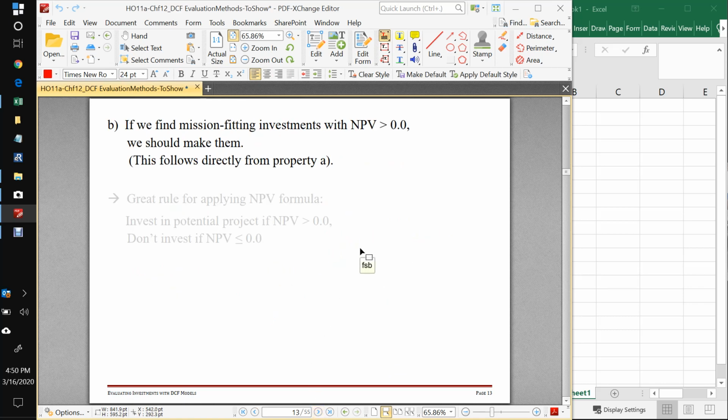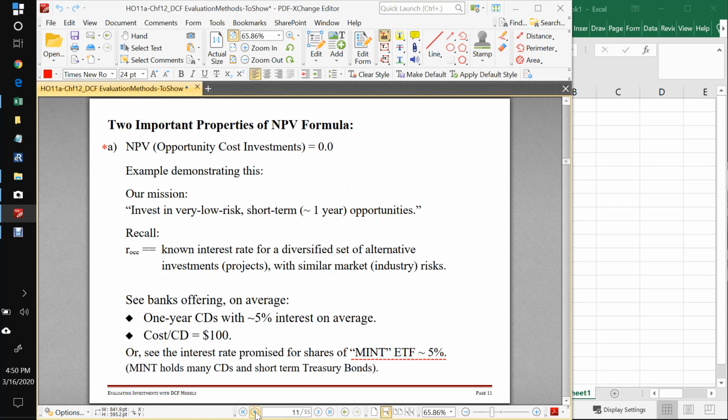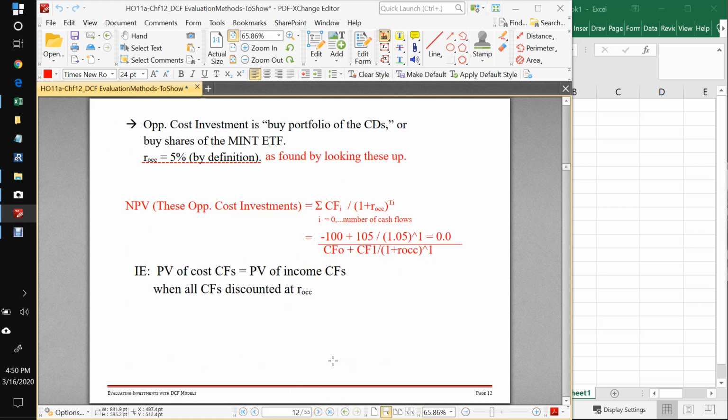Second important property of the NPV method: if we find mission-fitting investments with NPV greater than 0, we should make them. Let me put a star there. And that follows directly from property A. If we put our money into an opportunity cost investment, we're going to do as well as our opportunity cost investment.